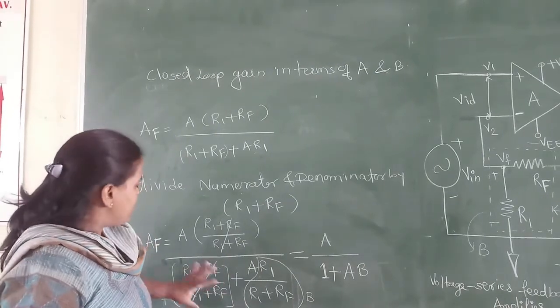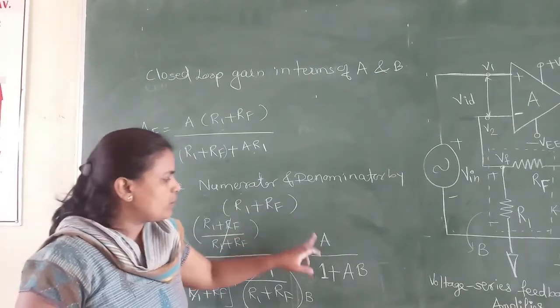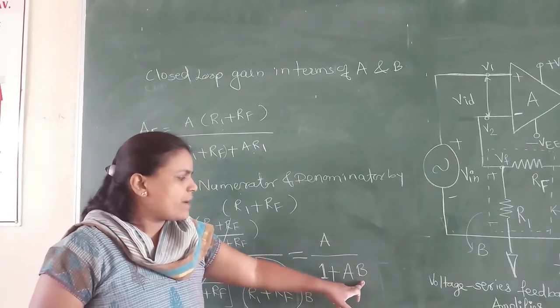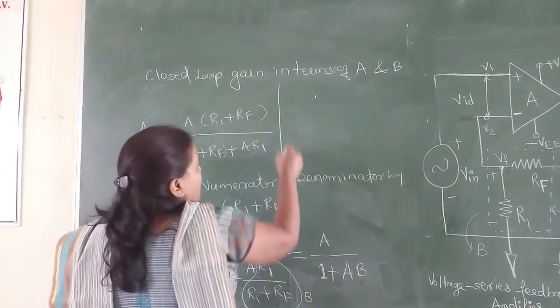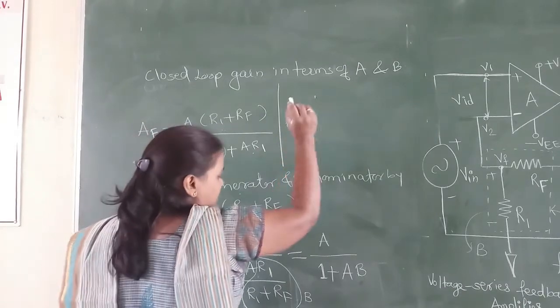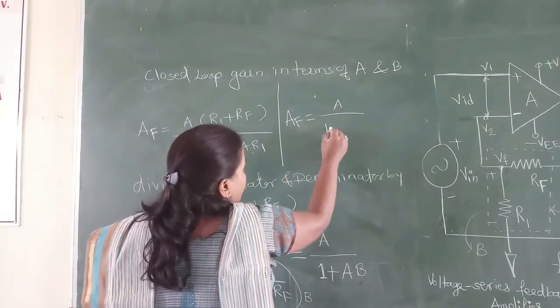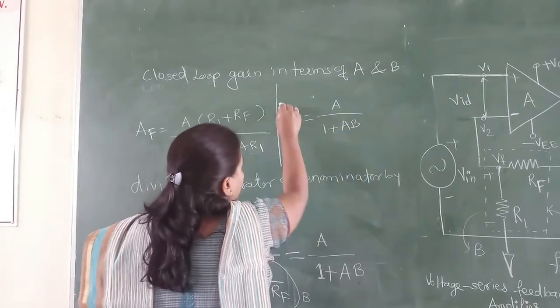So we have to represent this gain in terms of open loop gain A and gain of the feedback network B. So for the non-inverting amplifier, AF will be represented as A divided by 1 plus AB.